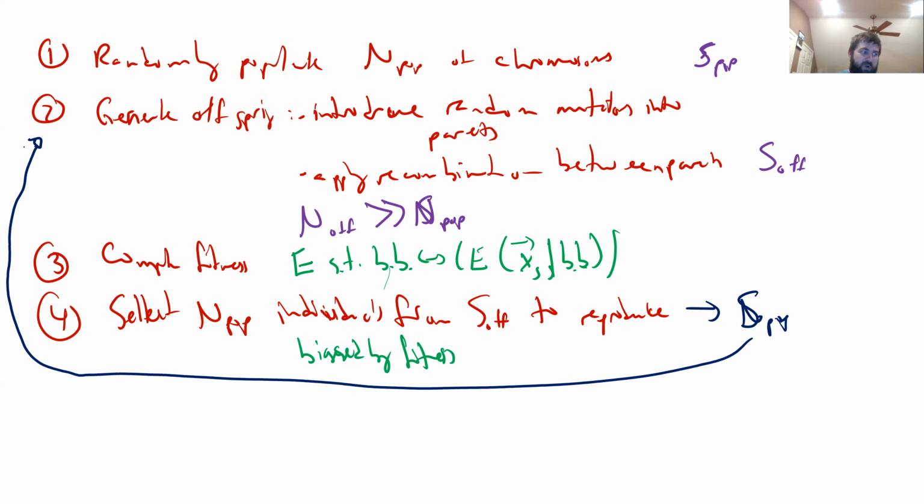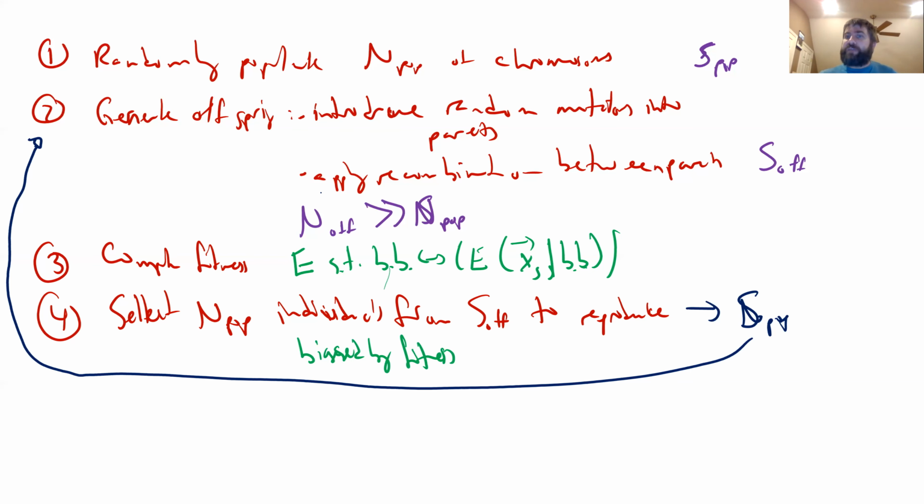And we do this over and over and over again, either for a fixed number of generations or until we have a final answer. Now, this is conceptually a fairly easy approach.